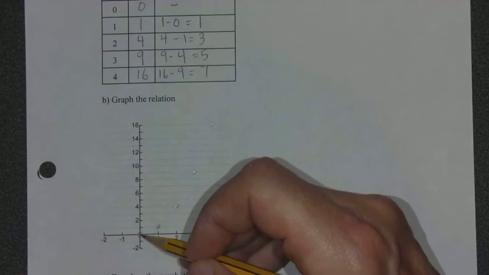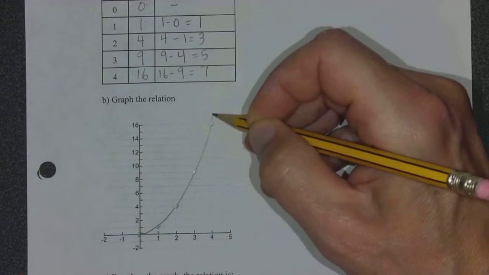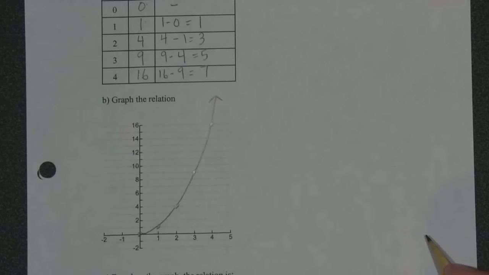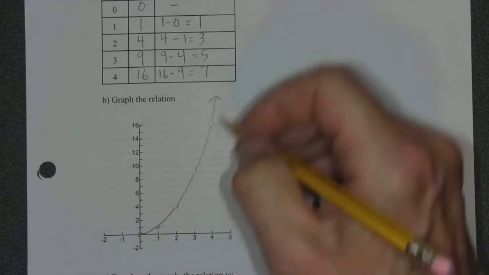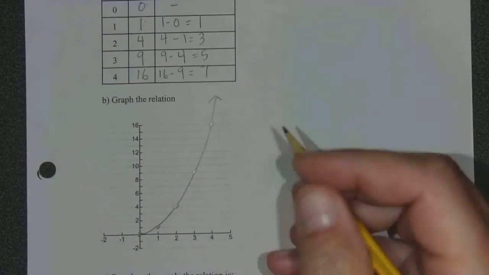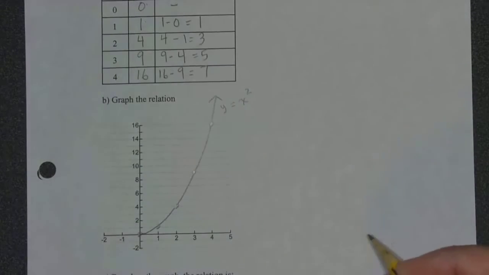Okay, now this one, if you picture it, is a nice smooth curve with an arrow. It continues. This graph, or this rising arrow, represents the equation y is equal to x squared.